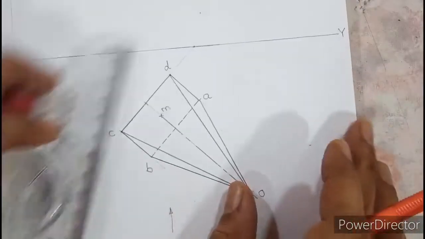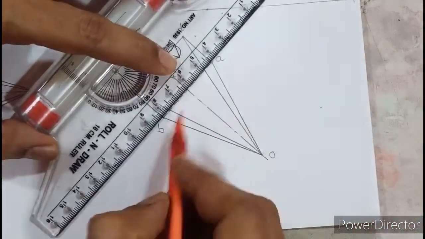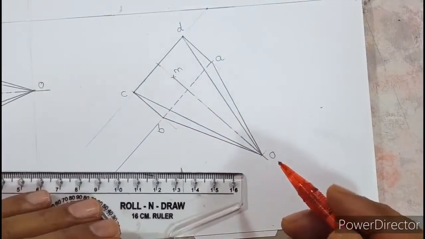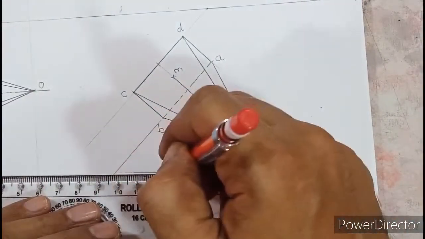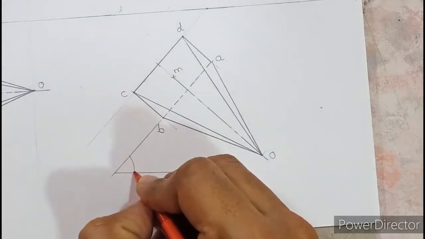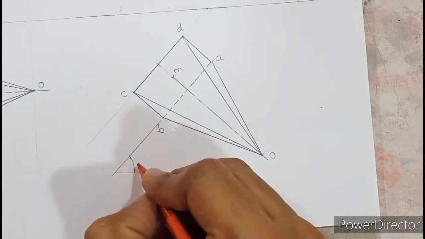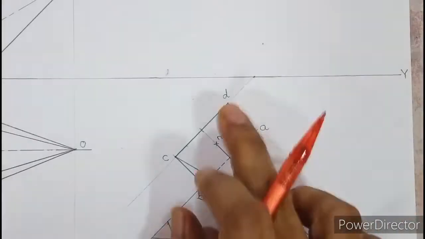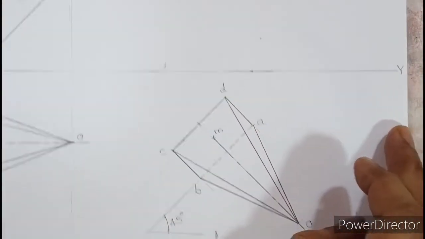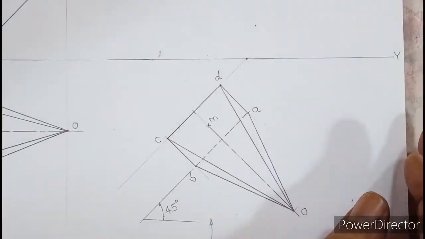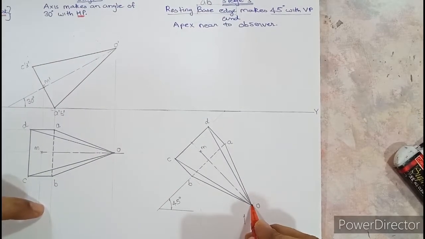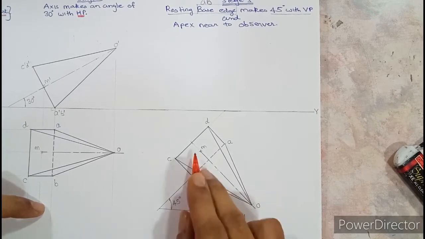So here what you should do, you have to extend AB, leaving a gap of 2 millimeter, and then a horizontal line, and you should neatly write down this as 45 degree. So I understand that CD is also 45, but dimensions should be those which are given in the question. So that is how the apex is near to the observer compared to the base.